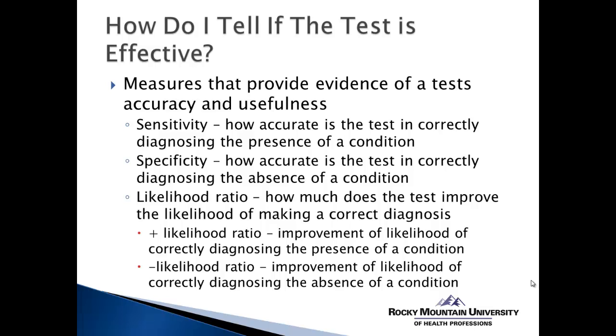So positive likelihood ratios are related to the sensitivity of a test, and negative likelihood ratios are related to the specificity of a test. So we very often will use the combinations of these measures to determine how accurate the test is, as well as how useful the test might be.